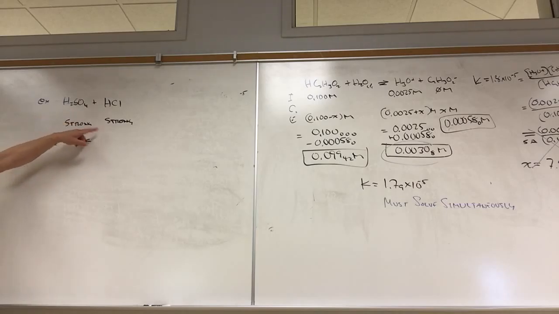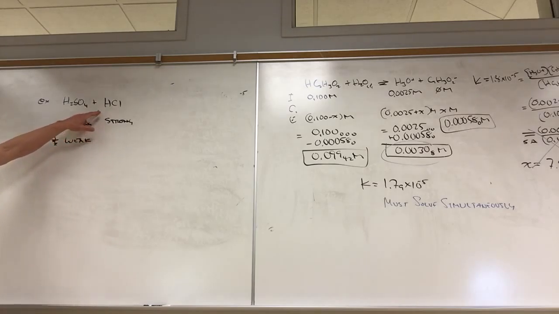And so this would be a strong, weak type scenario. So H2SO4 is diprotic. And so how would we deal with this? We do it stepwise again. Maybe do HCl first, and then the first step of H2SO4, and then the second step of H2SO4. That should give us the total hydronium. Kw should be negligible in a case like that.